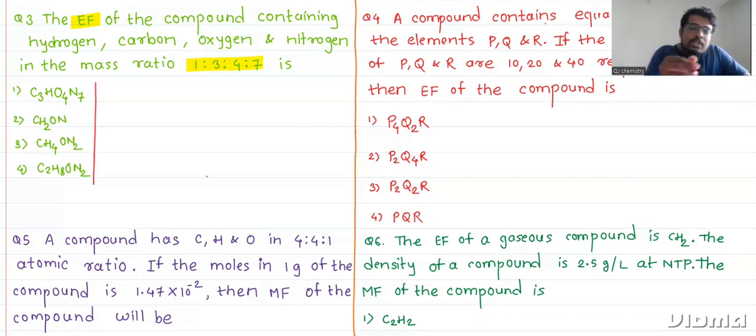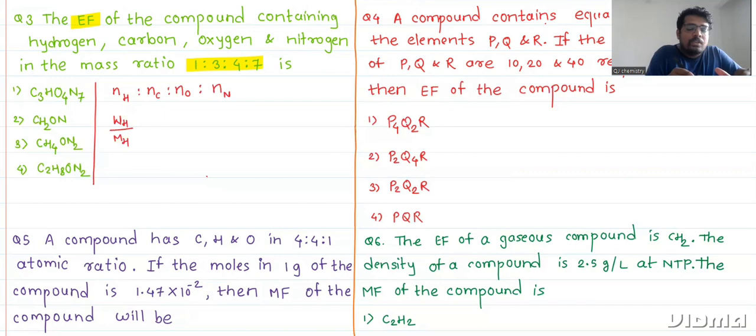The mass ratio is given, but we need the moles ratio. So let us take the mole ratio of hydrogen is to carbon is to oxygen is to nitrogen. Now, moles is nothing but weight divided by atomic weight.